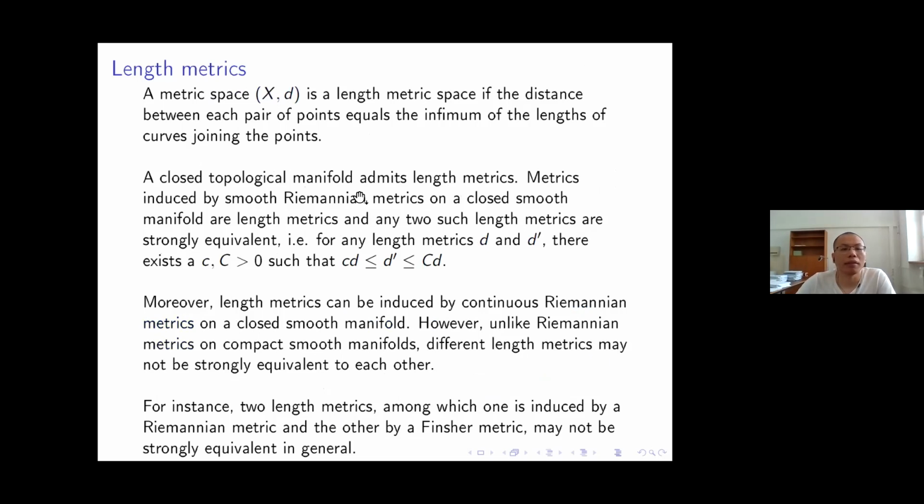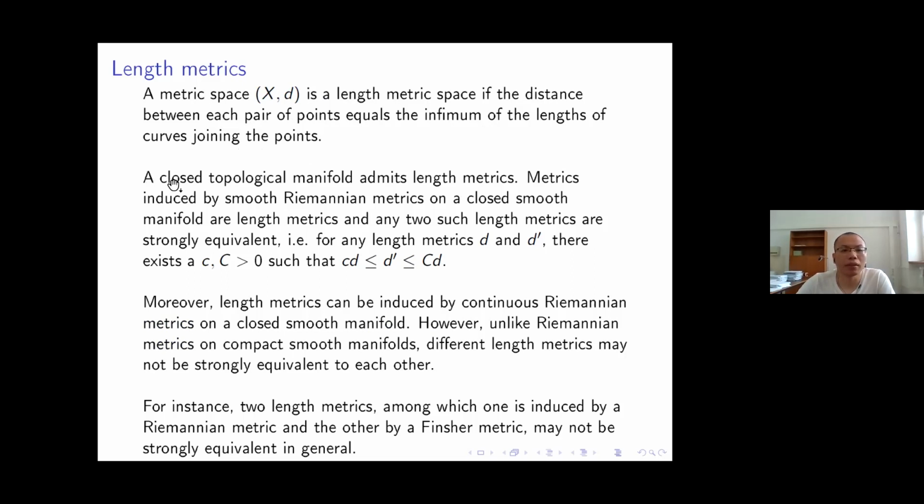Now, let me recall the definition of the length metric in metric geometry. If the metric space is a length metric space, then the distance between each pair of points equals the infimum of the lengths of curves joining the points.